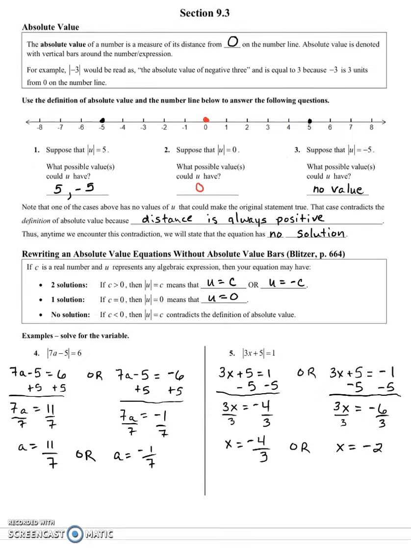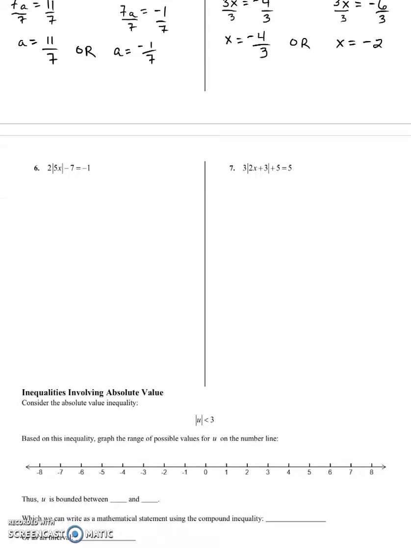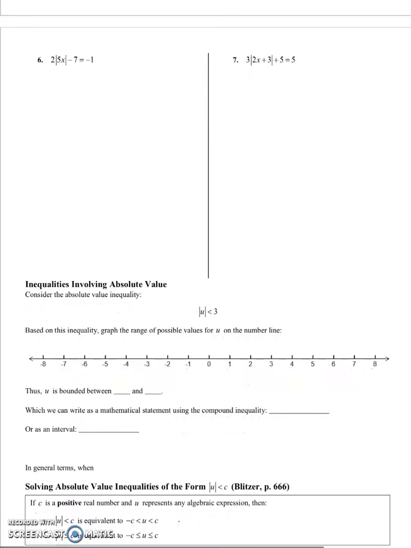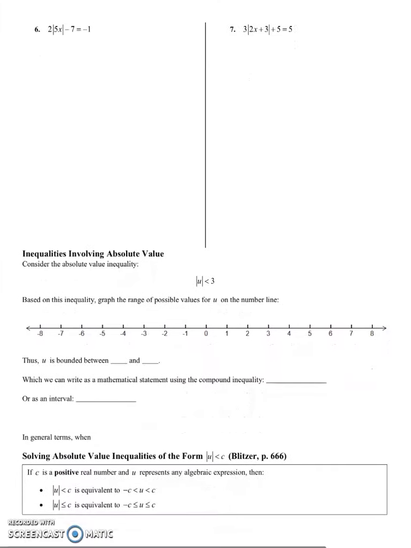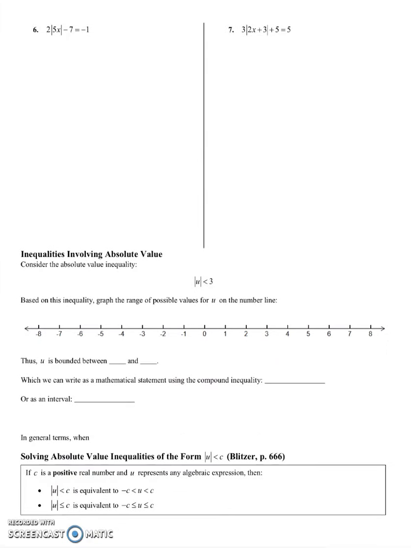Okay, let's move on to the next page. Now, these are a little bit different. Before we can break up our absolute value using the definition like we did in problems 4 and 5, we have to isolate the absolute value first. So the first thing we want to do in number 6, since we have 2 times the absolute value of 5x minus 7 equals negative 1, is add 7 to both sides.